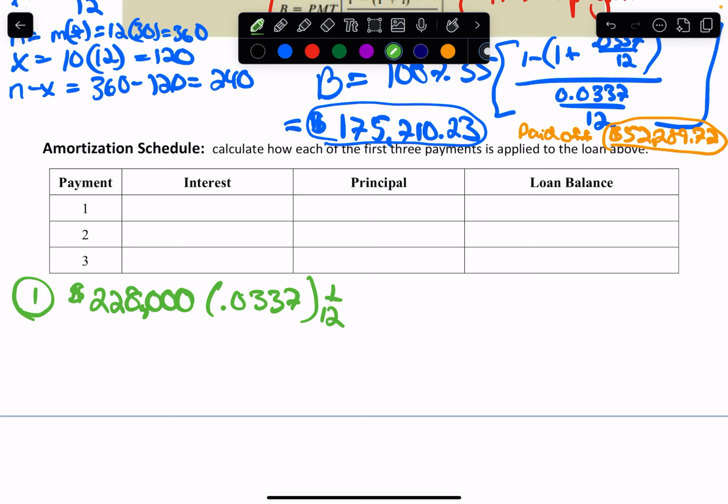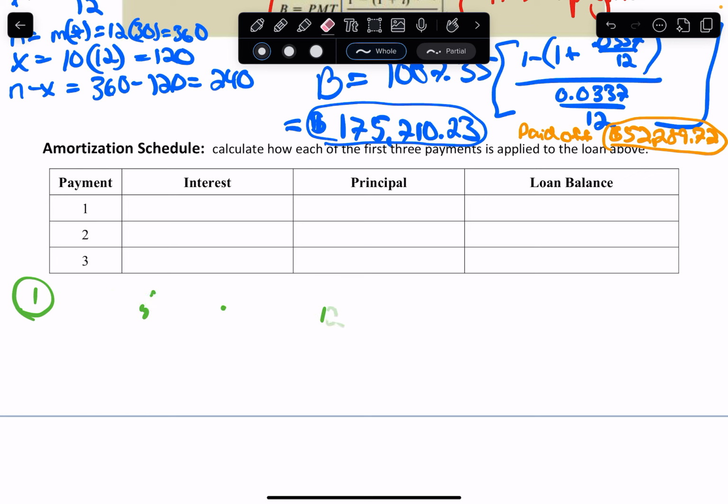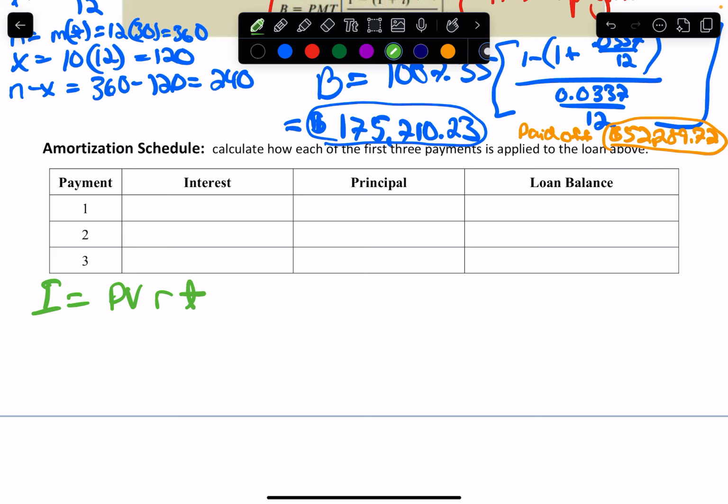So it's, hold on, let me do this again. Sorry. We're going to be using the formula I equals present value times the rate times time. Okay, let's start this over again. $228,000 is our present value.